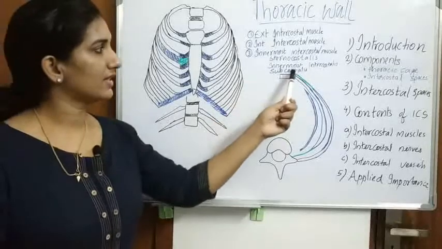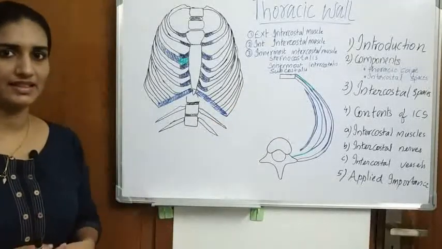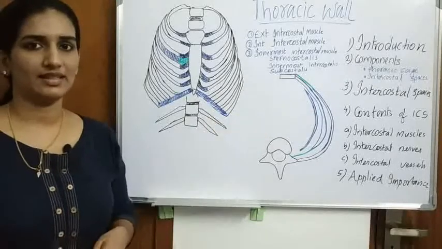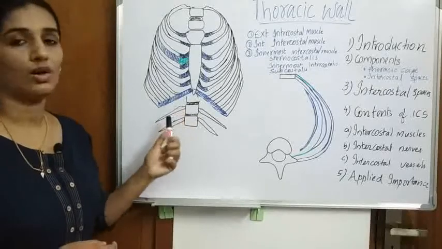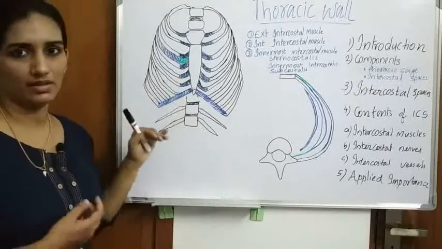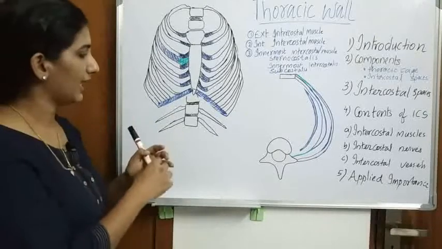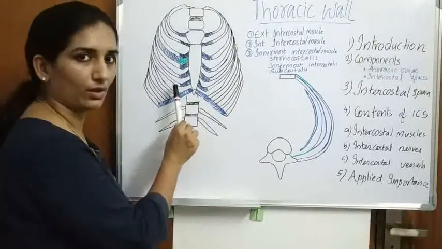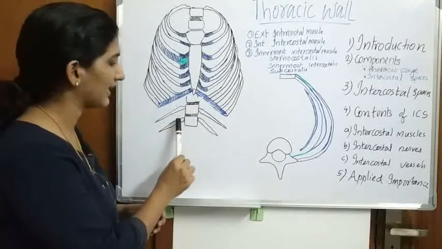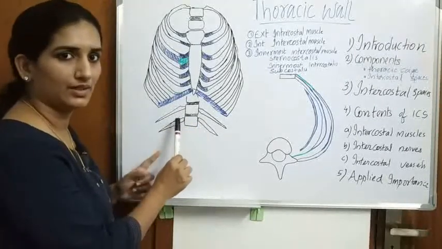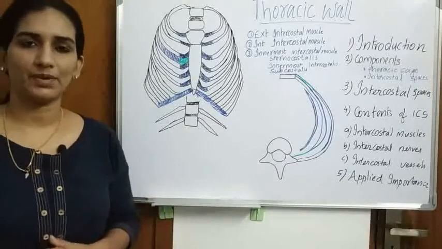And the last part, or the posterior part, of the innermost intercostal muscle is the subcostalis, and this subcostalis is present in the lower intercostal spaces on the posterior aspect. They take origin from the lower ribs, cross one or two intercostal spaces and get inserted into the lower rib. So that is about the subcostalis muscle.